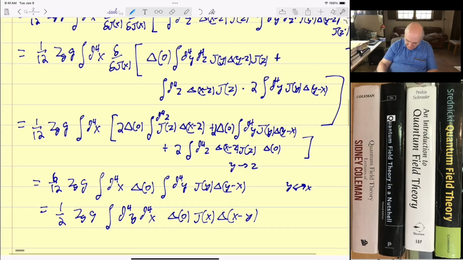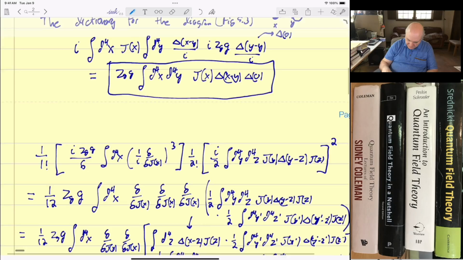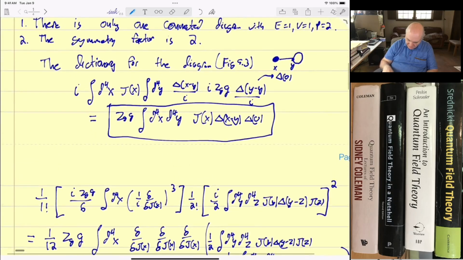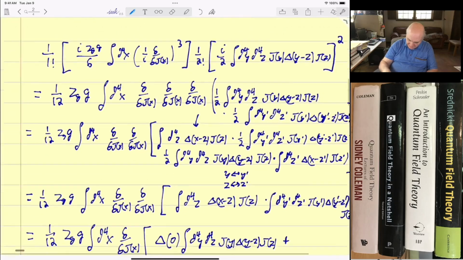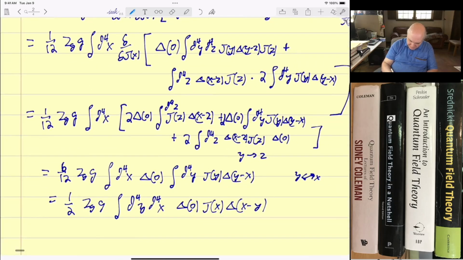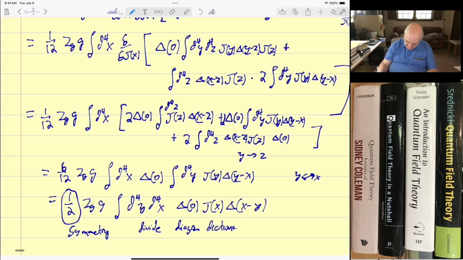And if you go back to what we calculated earlier from the diagram, it's the exact same thing, except that there's a factor of 1/2. So we've calculated this as the symmetry factor. We need to divide the diagram result by 2. That's what the symmetry factor is.